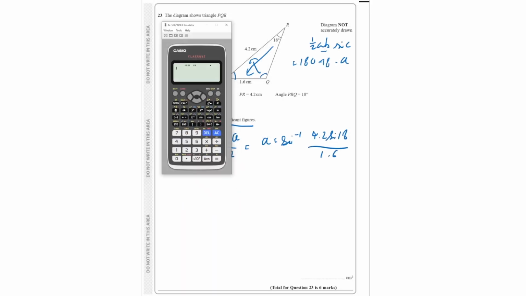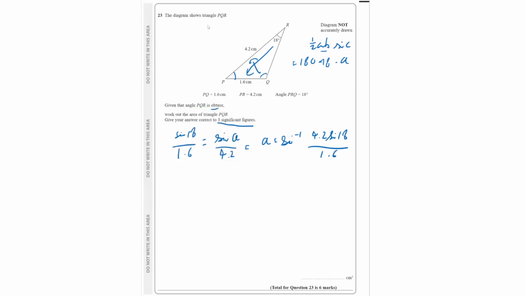We can put this into a calculator and find our answer. Sine inverse of open bracket 4.2 sine 18 close bracket over 1.6 gives us 54.21.